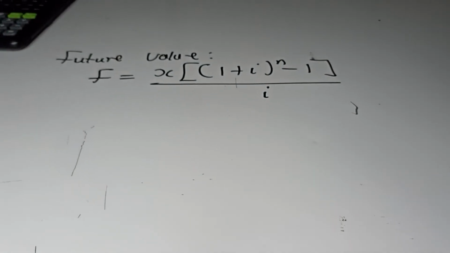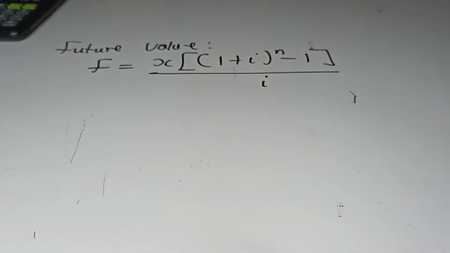For the future value formula, which is F equals X, 1 plus I for interest, and the number of times interest is calculated, minus 1, everything divided by I. Let me just focus my camera a bit here so you can see.